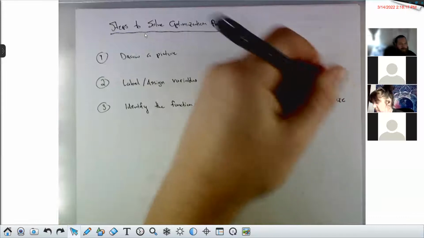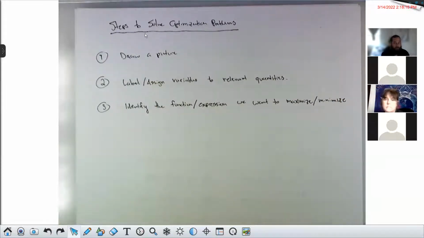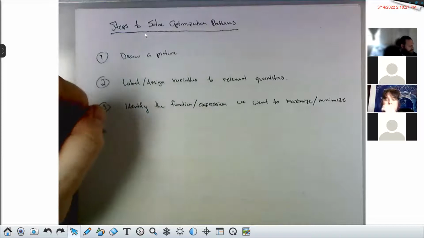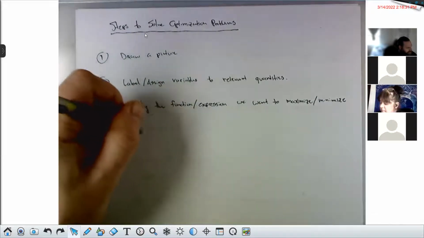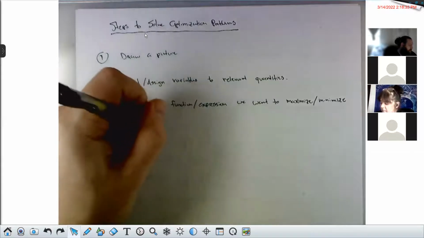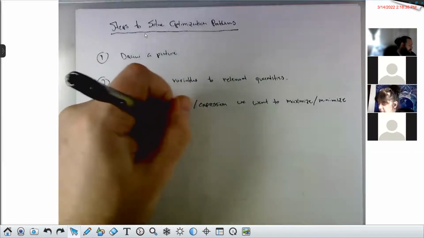Sometimes you want to minimize things, like minimize the amount of material or minimize your costs, that sort of stuff. Then you're also going to identify any possible constraints.